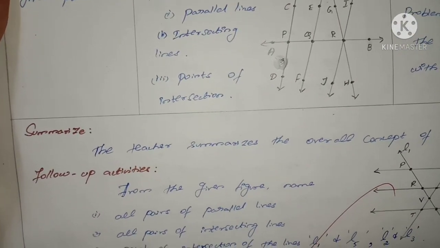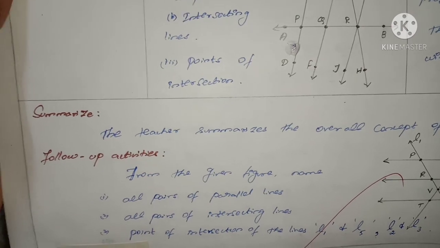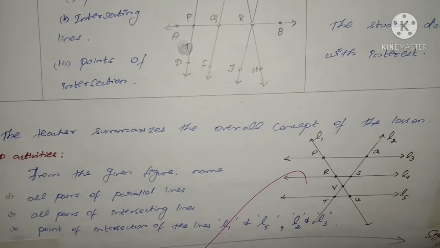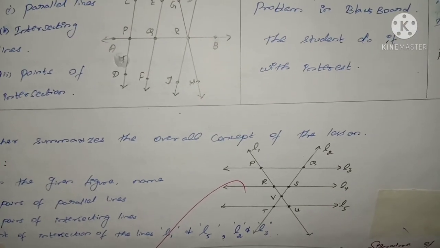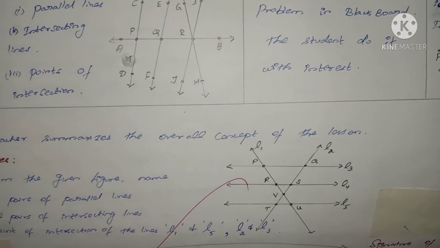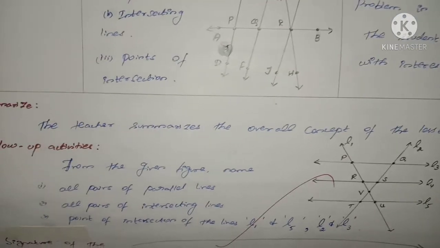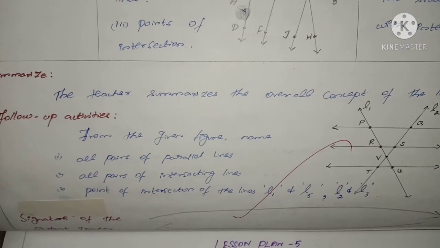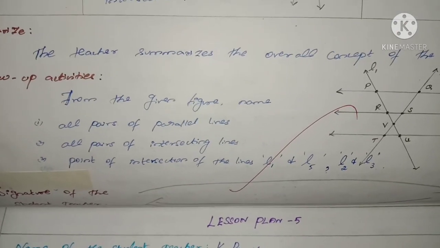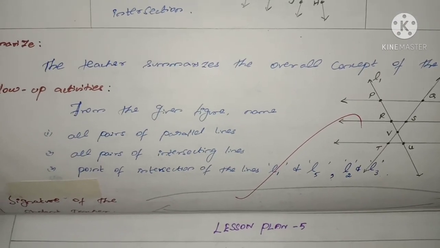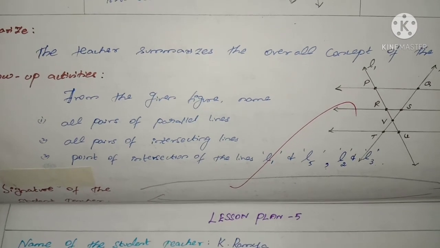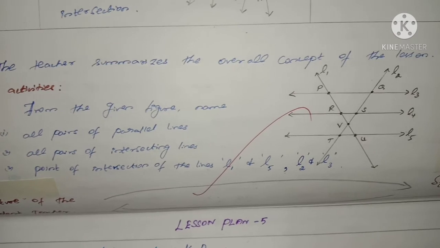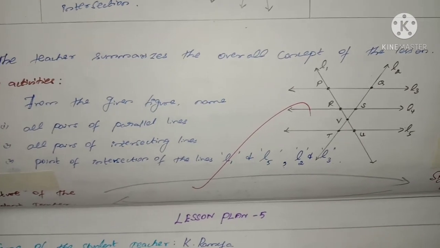Next topic is summarize. The teacher summarizes the overall concept of the lesson. Follow-up activities. From the given figure, name all pairs of parallel lines, all pairs of intersecting lines, point of intersection of the lines L1 and L5, L2 and L3.